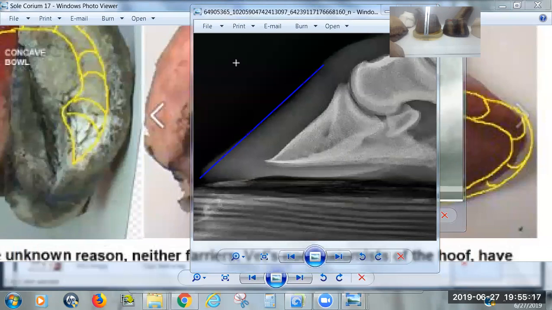Now here, I'll draw the sole. Just a minute here. Probably goes kind of like this.